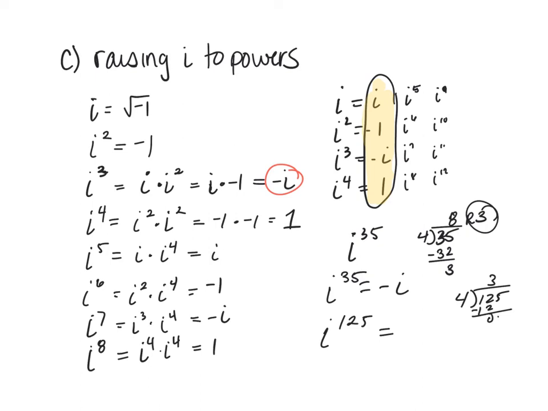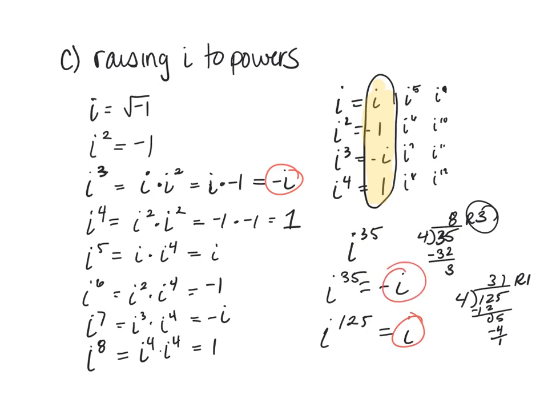I get 0, bring down the 5. 4 goes into 5 once. So I go through this pattern 31 times, and I have 1 remainder. So I end up here at i to the first power, which is equal to i.